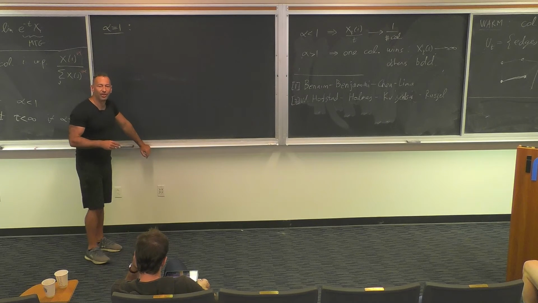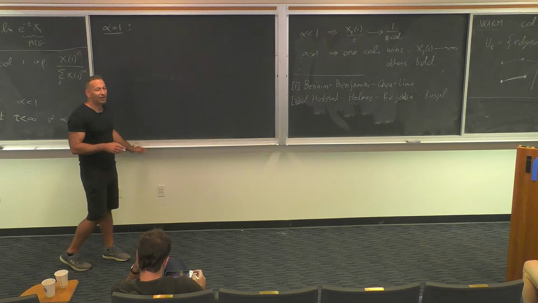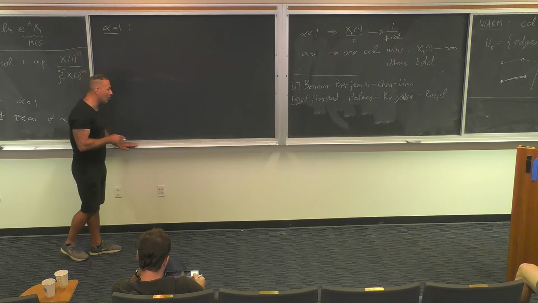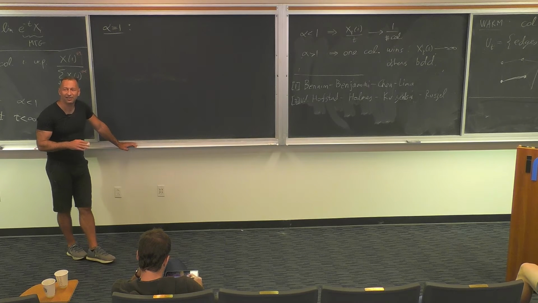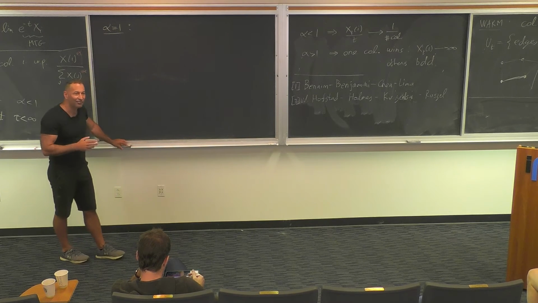This is a work of Chen and Lucas, that the ratios of the x_i's converge. But in general, this is open. There are also some works of Holmes and Kleptin, works in progress, where they also do this on some graphs.